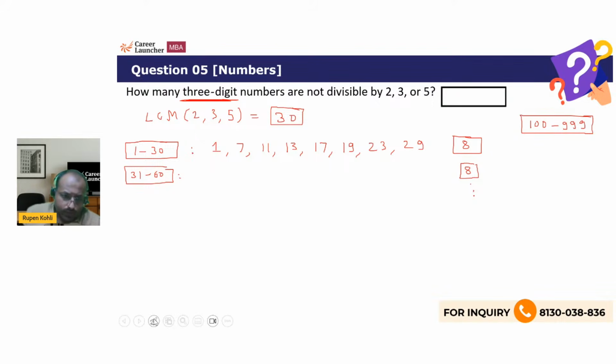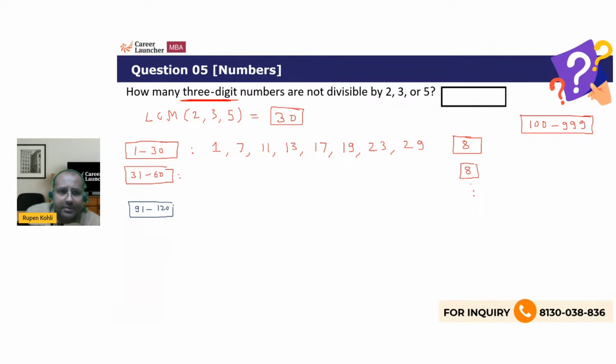Since our logic is based on grouping of 30, just start from the nearest multiple of 30. Like 90 is nearest to 100, 120 is much farther, 90 is nearer. So start the grouping from the group of 91 to 120.